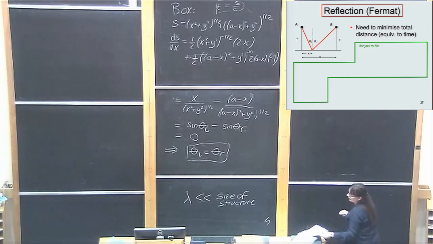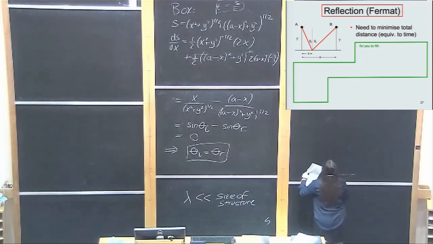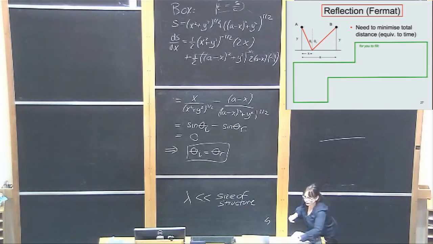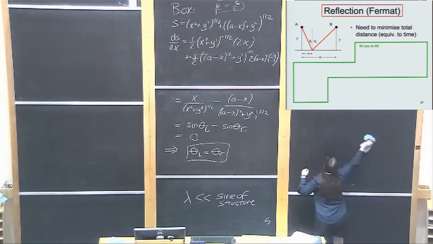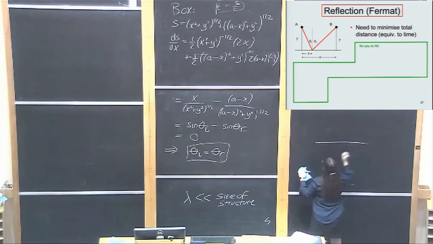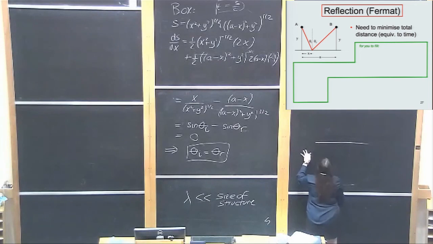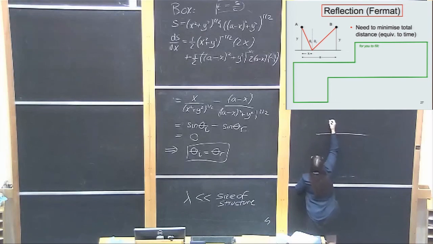But of course, actually, we could have very easily instead used some sort of geometric insight. Oh, that's terrible. That's supposed to be a horizontal line, sorry. We could have very easily instead used some sort of geometric insight to know immediately which was going to be the shortest path.